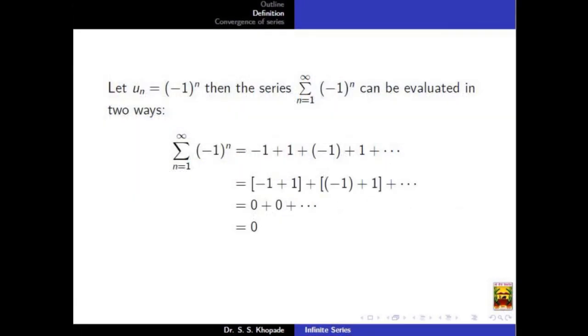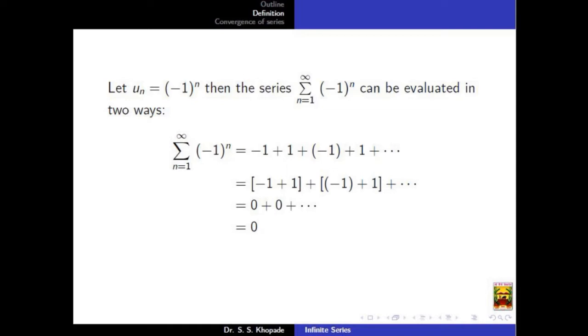Let us consider the last example, where the sequence is minus 1 raised to n, and the corresponding series will be summation minus 1 raised to n, which is the addition of alternate minus 1 and plus 1. Now if we want to add all these minus 1s and plus 1s, we can do it in two ways. The first way is to start with the first term and club together two terms at a time, like minus 1 plus 1, this is one group.